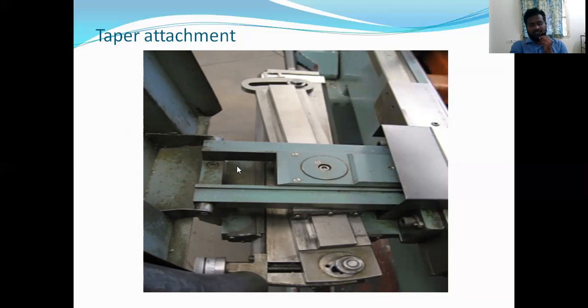This link is attached to this cross slide. Understood? This entire thing is the taper attachment. On the taper attachment, we have this bar, and it can be swiveled on either side.